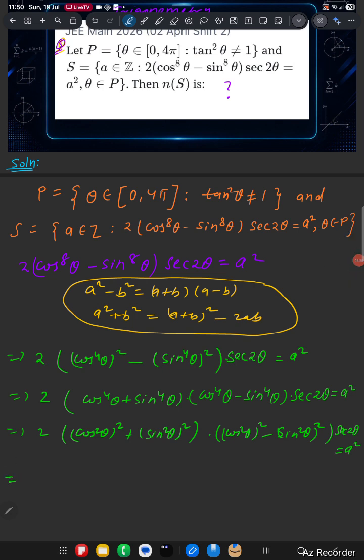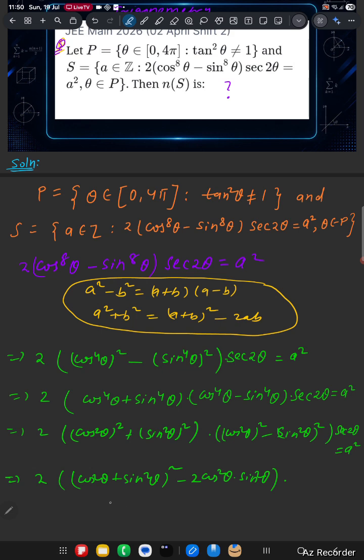So first term is becoming 2 times a square plus b square, means a plus b whole square minus 2ab. So a plus b means cos square theta plus sin square theta whole square minus 2ab, means a is cos square theta and b is sin square theta, into this is your a square minus b square second term.